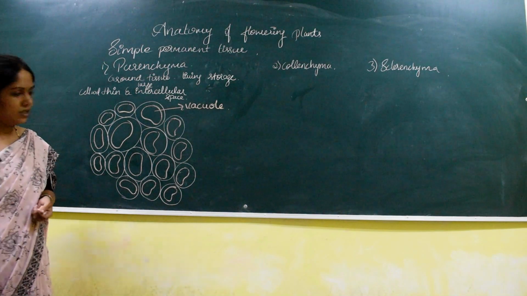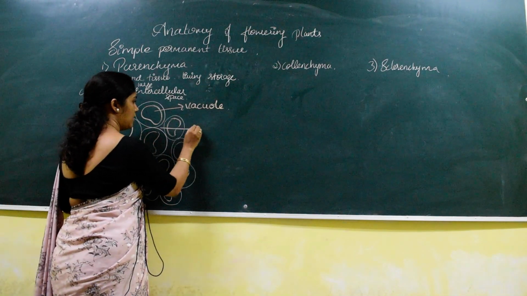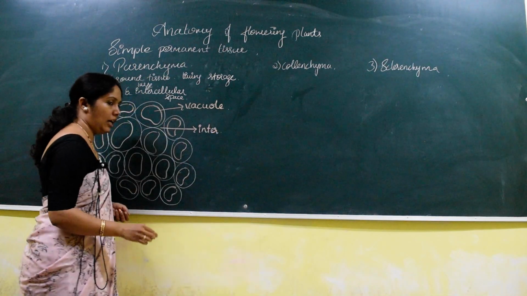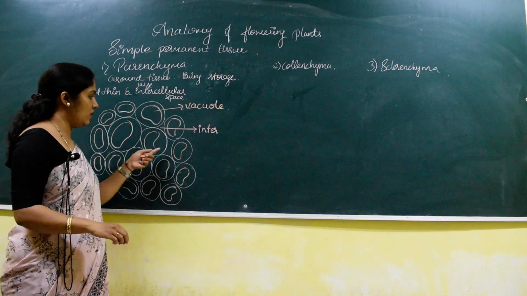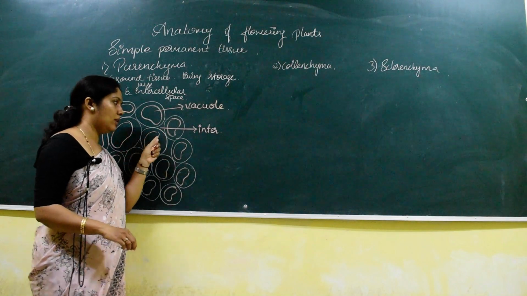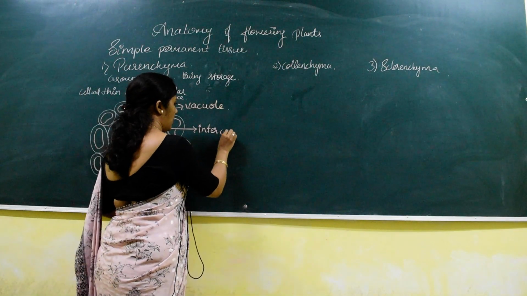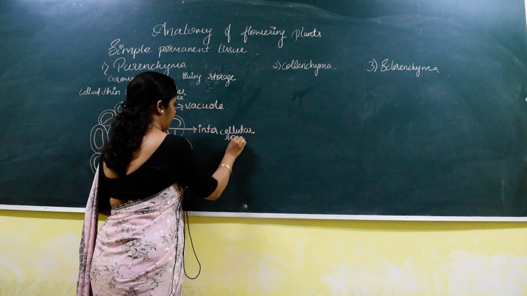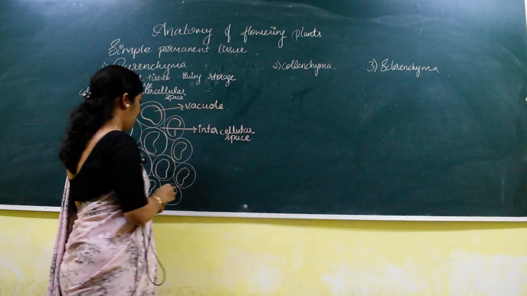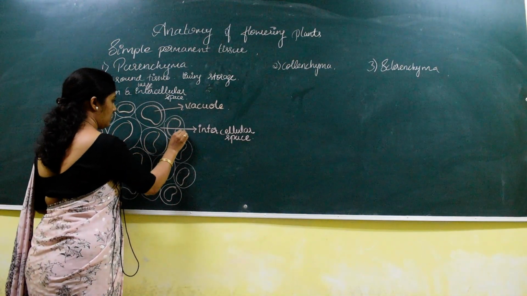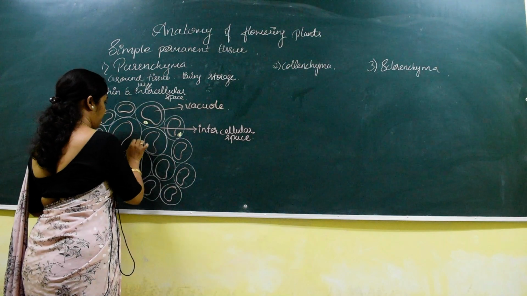The space in between the cells is called the intercellular space. If I use the word intra, I-N-T-R-A, that refers to inside the cell, but inter means in between. So in between the cells we can see a space called intercellular space. Next, we can see a large nucleus which is towards the periphery.